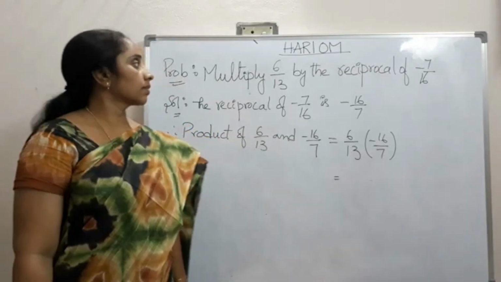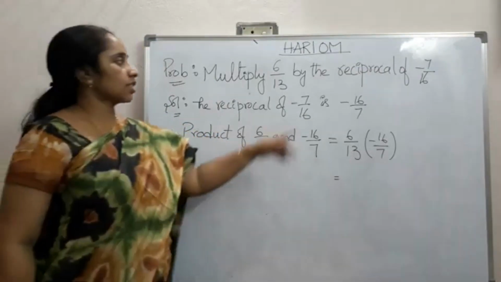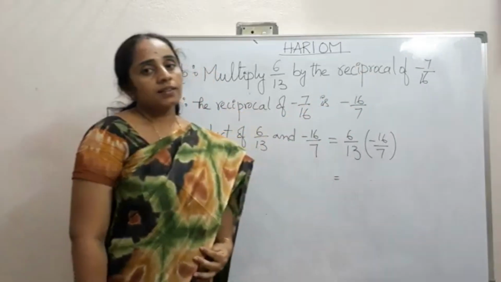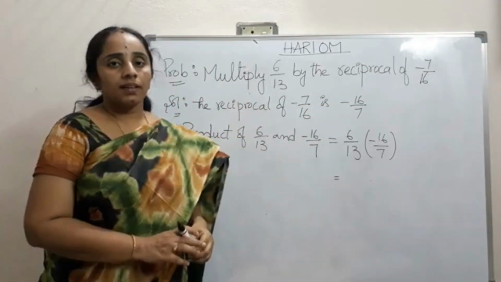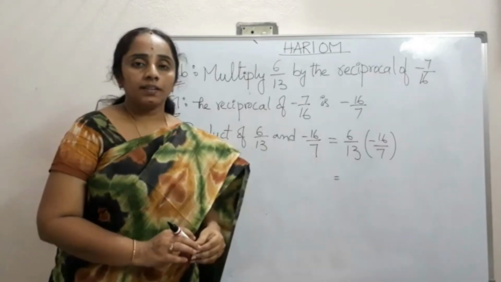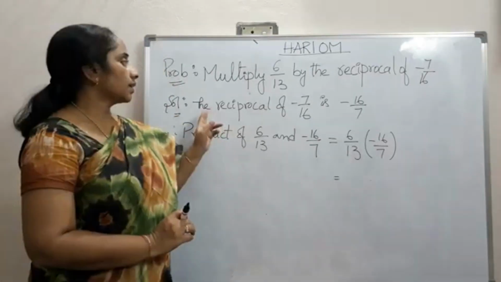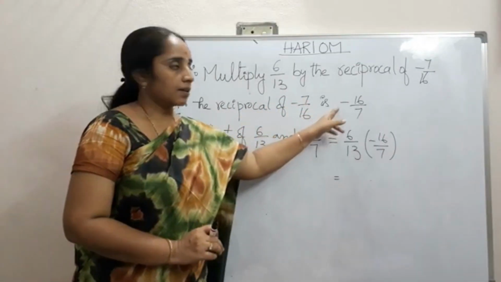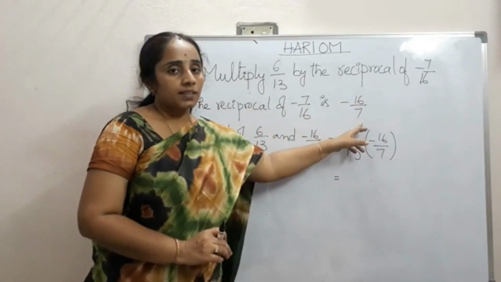Here is a question. Multiply 6 by 13 by the reciprocal of minus 7 by 16. Reciprocal meaning is its multiplicative inverse. So the reciprocal of minus 7 by 16 is minus 16 by 7.